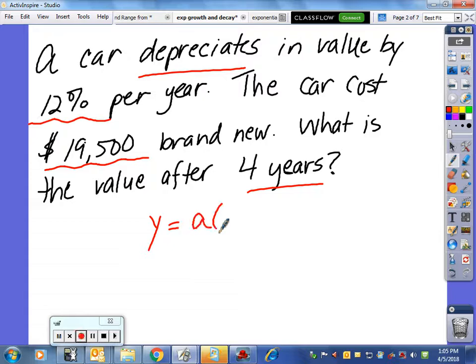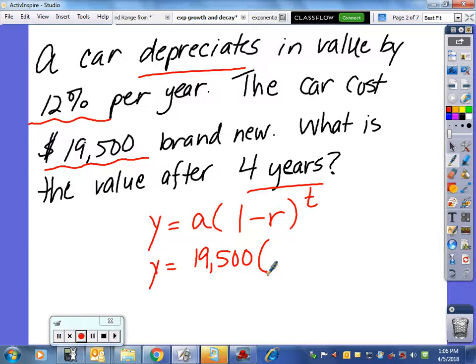Y equals a parentheses 1 plus r. Oh, I'm sorry, not plus, because this is going down. 1 minus r to the time power. Demetria, you better be writing this down. So what do I put in for A? 19,500.